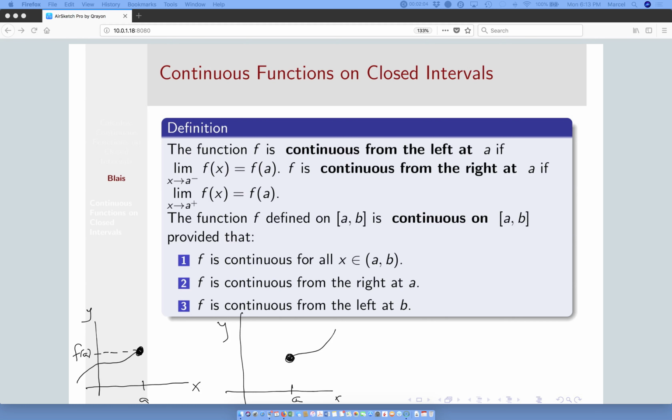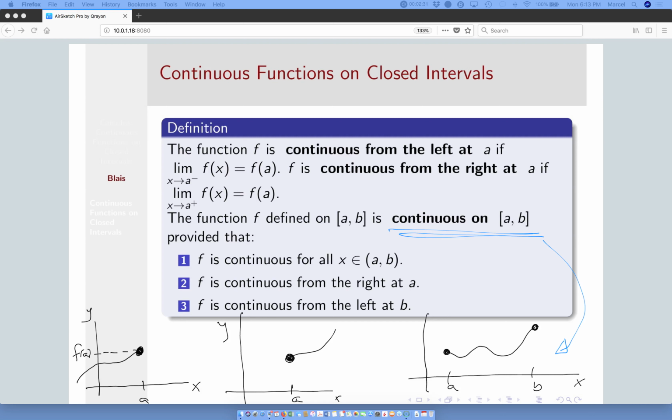When we put both of these together and we look on a closed interval [a, b], if we're continuous from the left at b and continuous from the right at a, this is what it means to be continuous on [a, b]. This picture here.